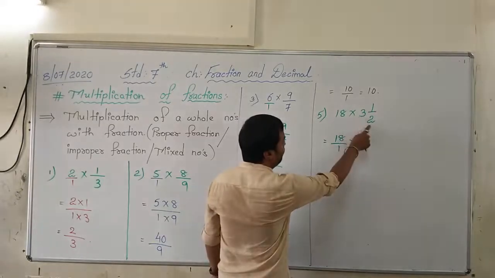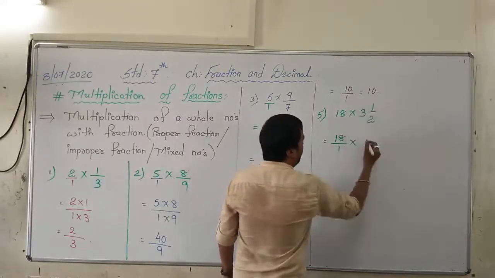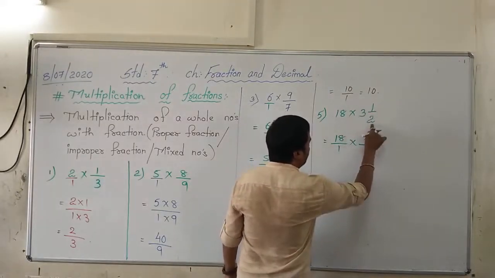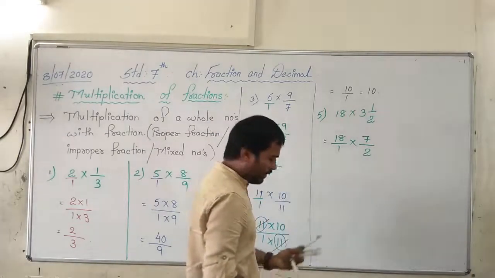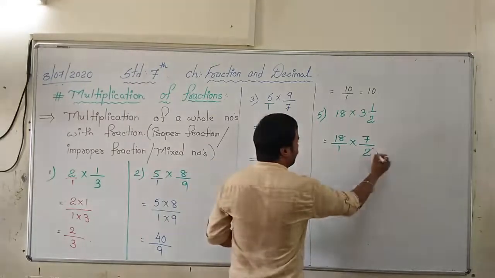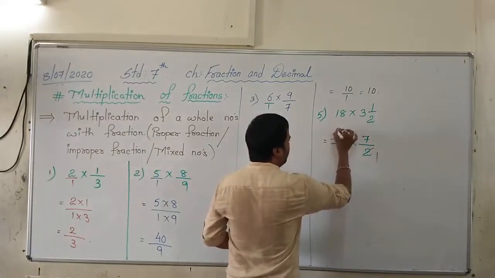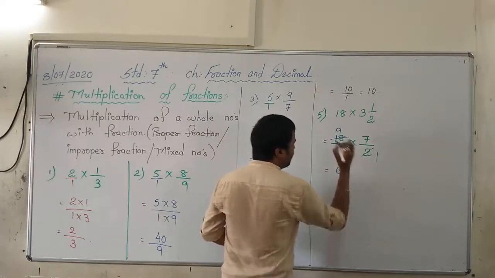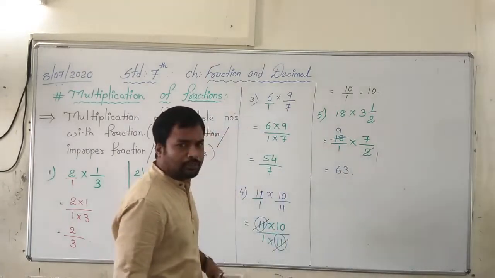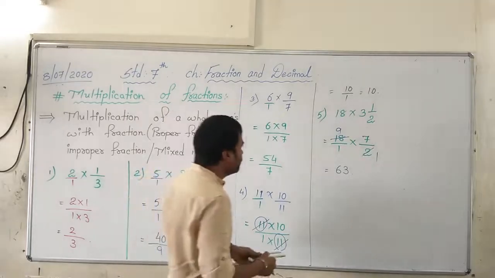That is 3 2s are 6, 6 plus 1, that is 7 upon, what is the denominator over here? That is 2. Again you can cancel whatever is possible. So 2 ones are 2, 9 sevens are, what is 9 sevens? 63. Right? So in this manner you can solve the sums.